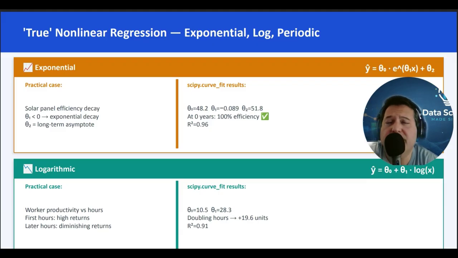This requires an exponential curve with a decay and a long-term asymptote. A second example is worker productivity based on consecutive hours. The first hours yield a lot, but then diminishing returns set in, typical of the logarithmic model.